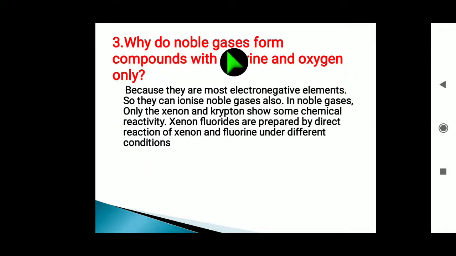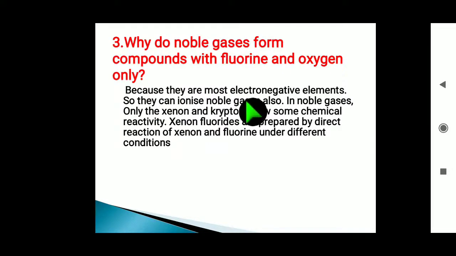Question number 3. This question belongs to noble gases. Why do noble gases form compounds with fluorine and oxygen only? Most noble gas compounds involve fluorine and oxygen only. What is the reason?